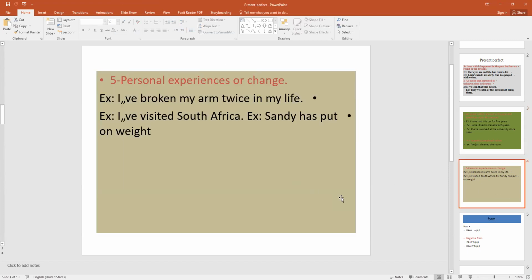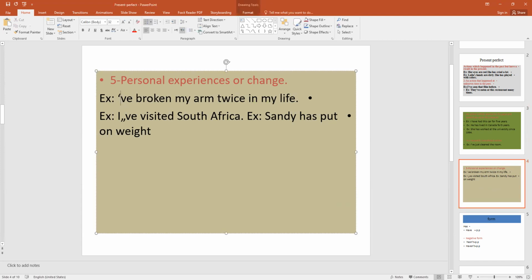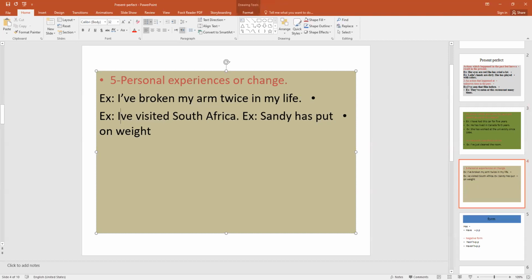Number 5. Personal experiences or change. It's divided into two parts. What does it mean, personal experiences? Personal experiences like breaking your arm or breaking your leg, breaking your teeth. I consider this a personal experience. Breaking something in your body, I consider this a personal experience.